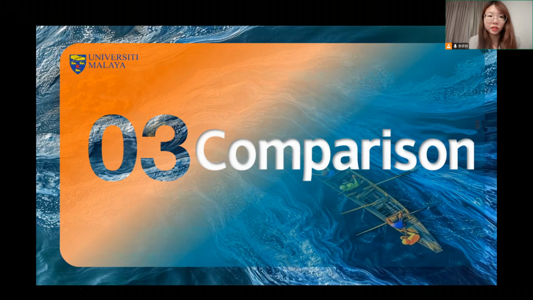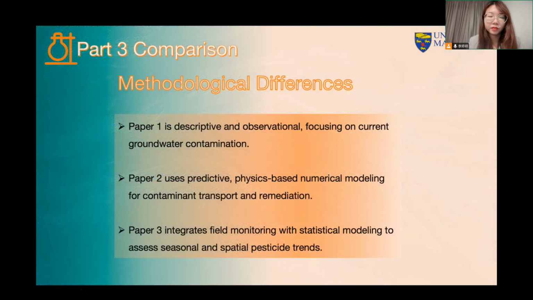Okay, let's start part three. That is the comparison. Let's briefly compare the three papers. The first paper is descriptive and observational, focusing on current groundwater contamination.